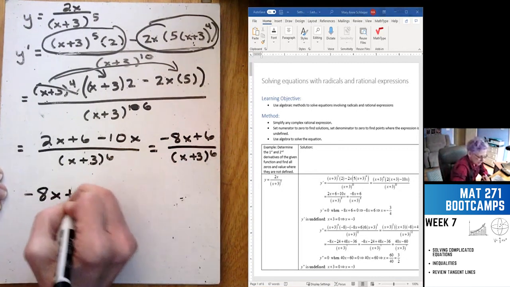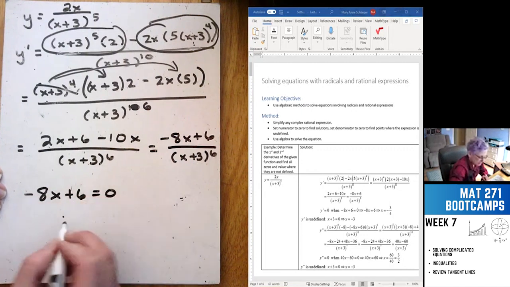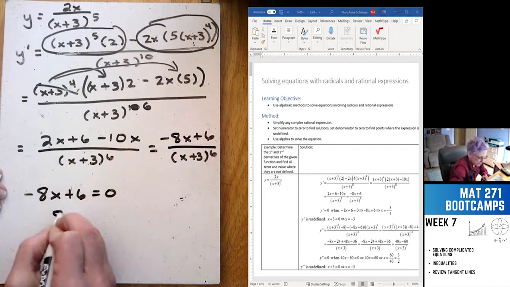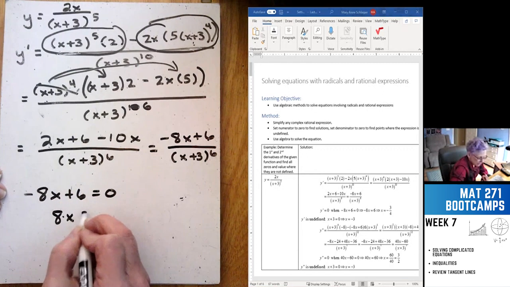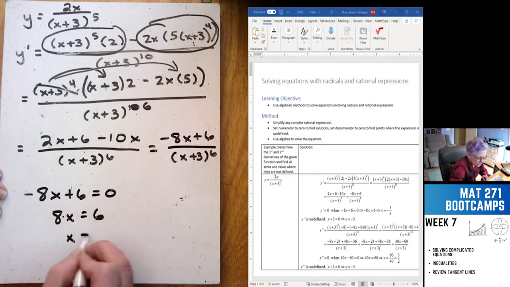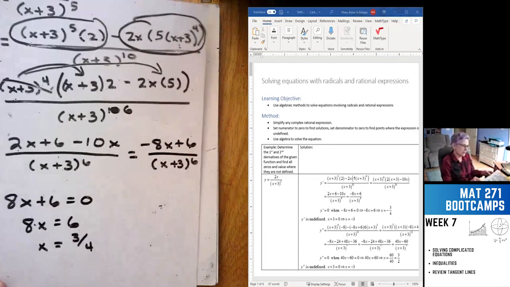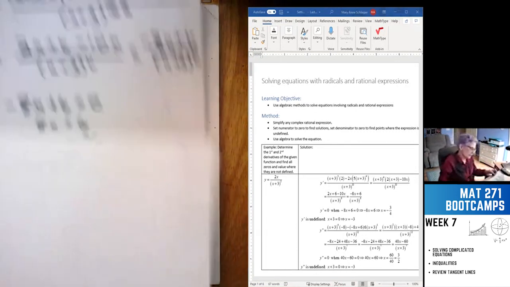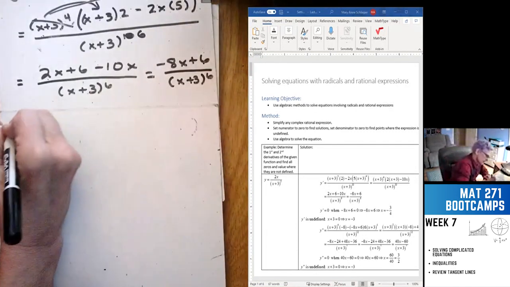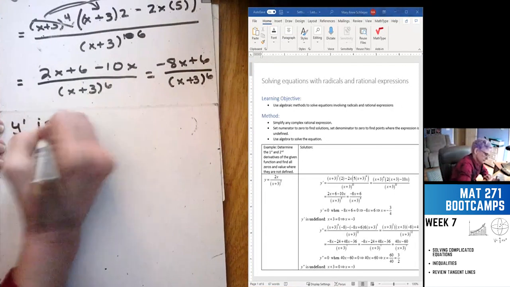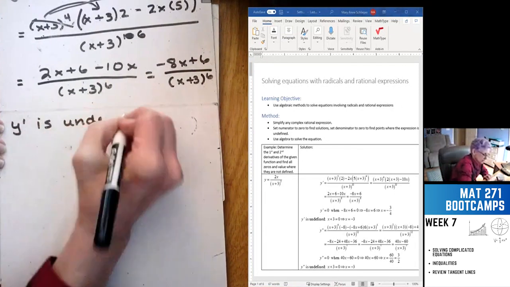So minus 8x plus 6 is equal to 0. We'll add 8x to each side. X is equal to 3 over 4, 6 over 8, or 3 over 4. So that's where the 0 is. Now, this thing is going to be undefined when the denominator is equal to 0.